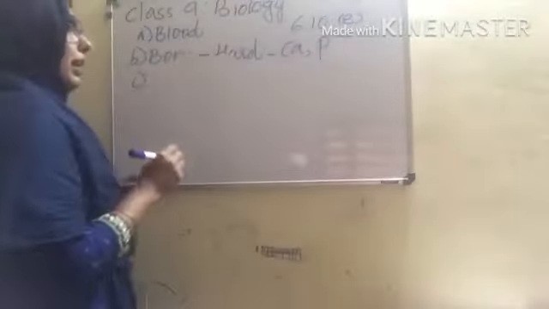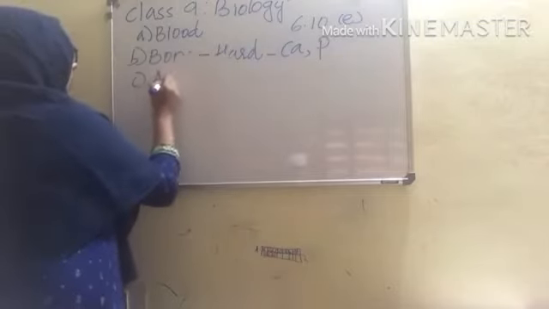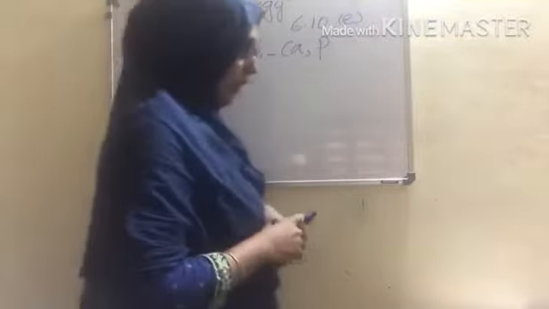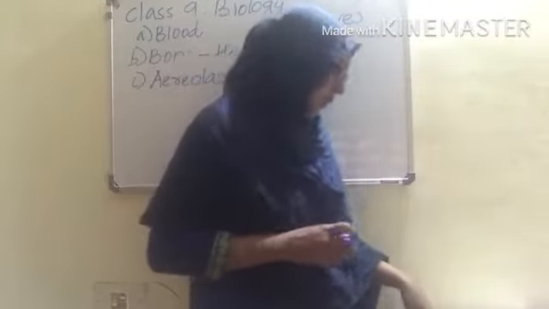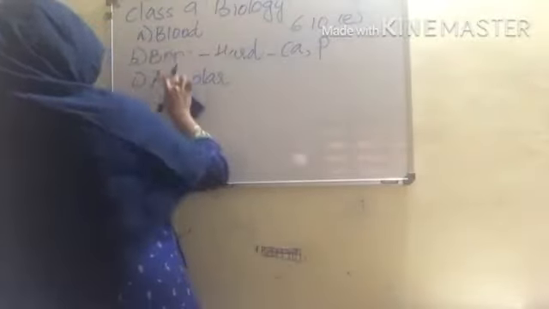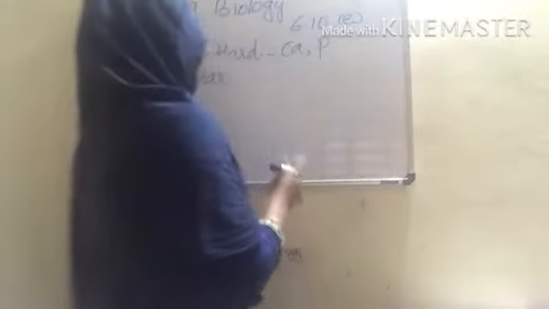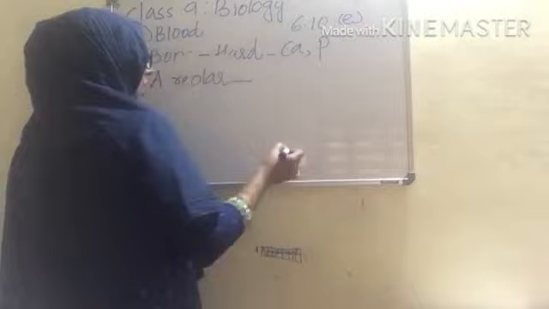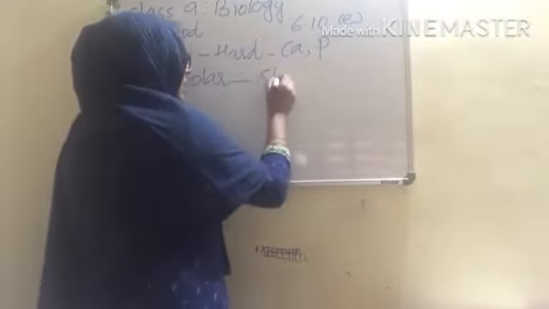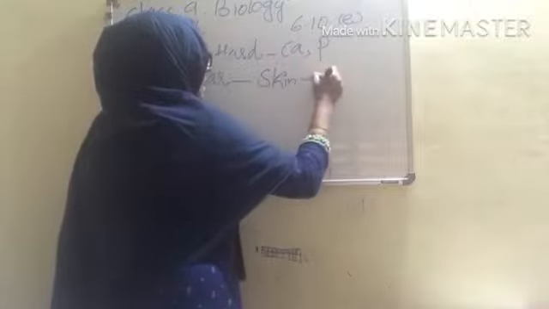Now we are moving to another type of connective tissue, that is areolar connective tissue. Now, what is this connective tissue doing? They act as a connective tissue between skin and muscle.